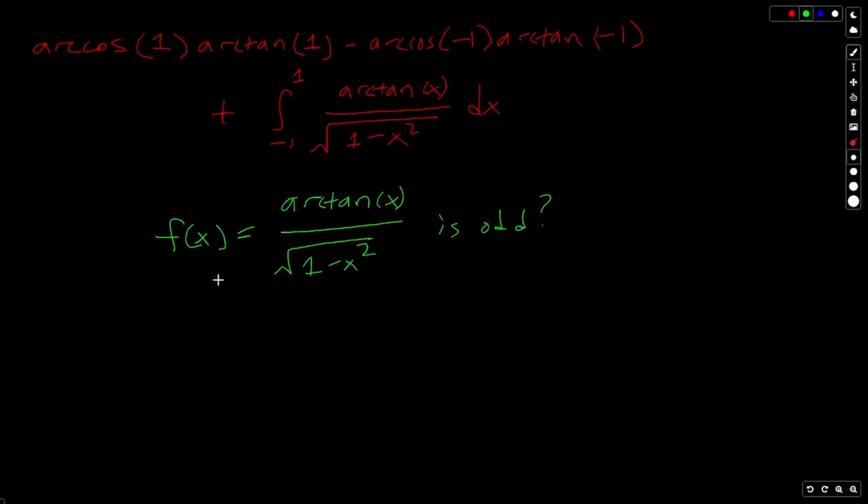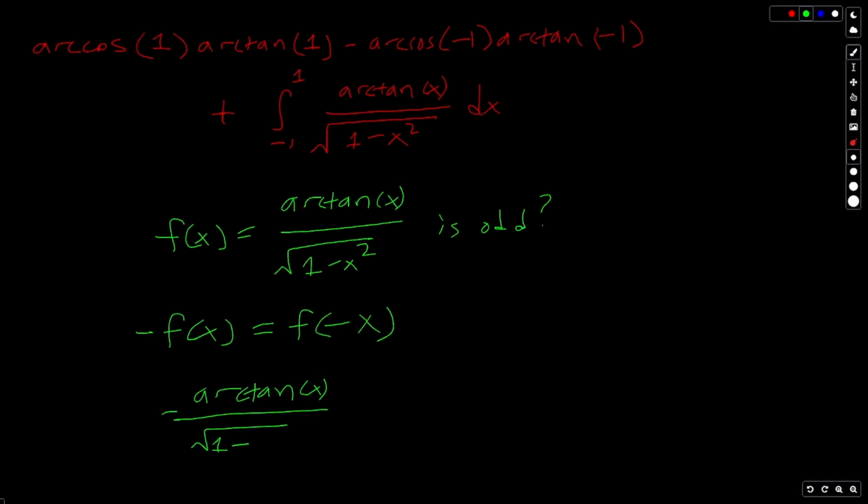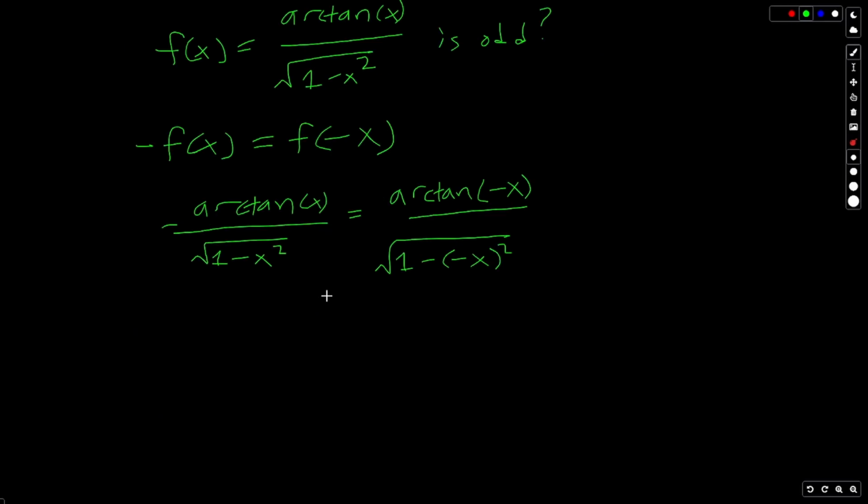This function is only odd if negative f of x is equal to f of negative x. Negative f of x is simply going to be negative arc tangent of x over square root 1 minus x squared. And f of negative x is going to be arc tangent of negative x divided by square root 1 minus negative x squared.